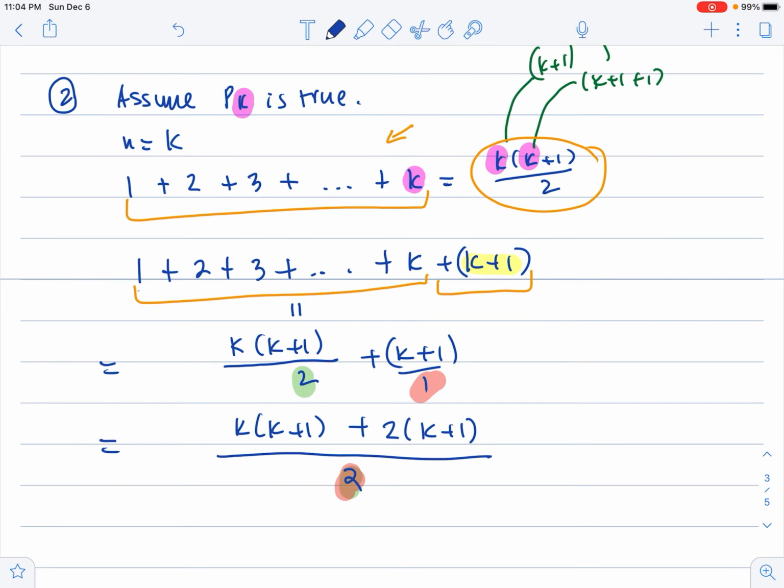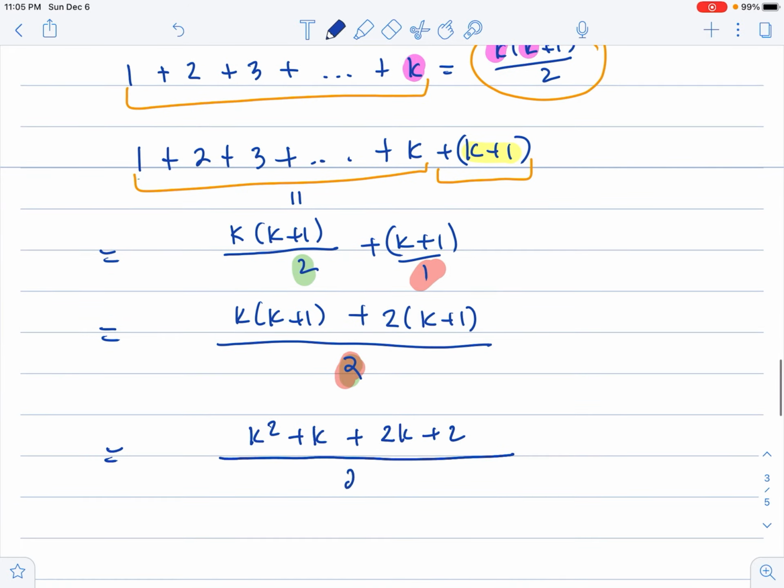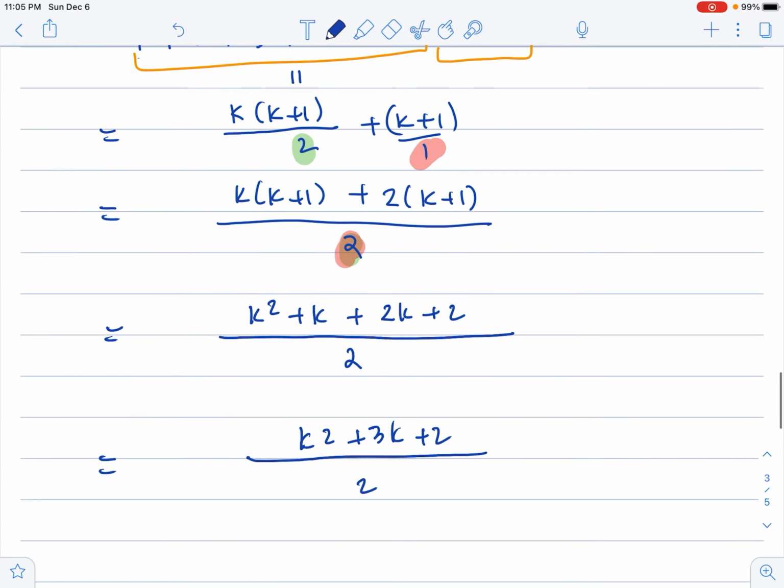Now, if we multiply k and k plus 1, in the numerator we have k squared plus k. And if we multiply 2 and k plus 1, we have 2k plus 2. And still the denominator is 2. This is equal to k squared plus 3k plus 2 divided by 2.